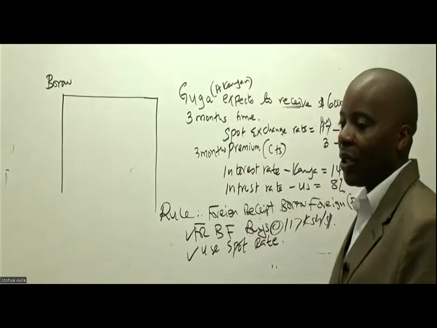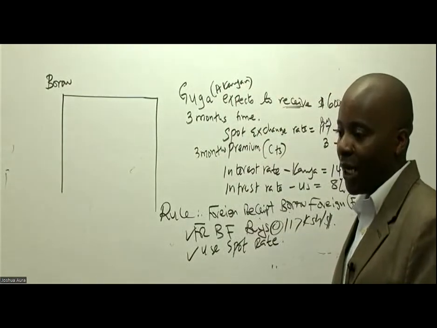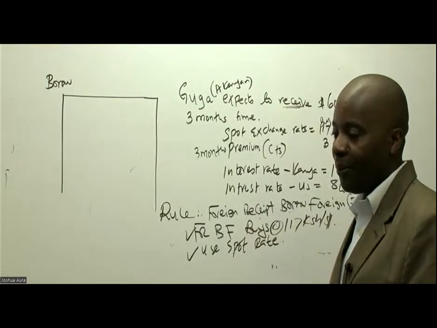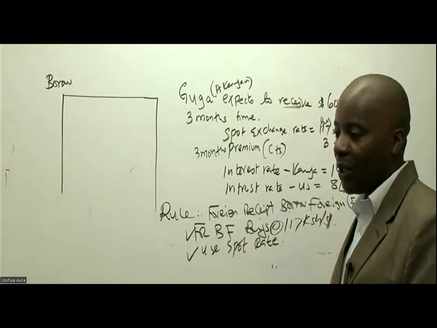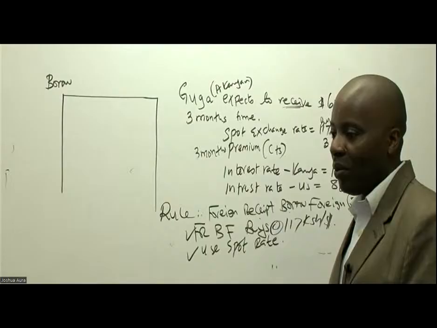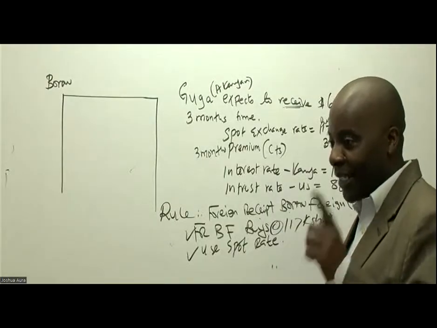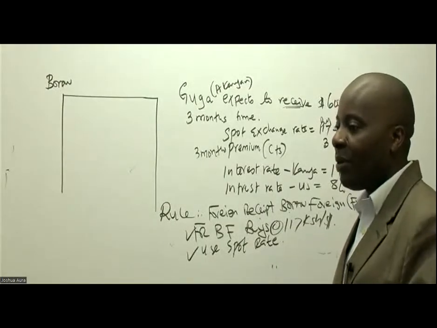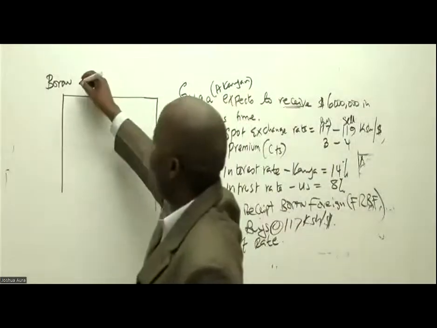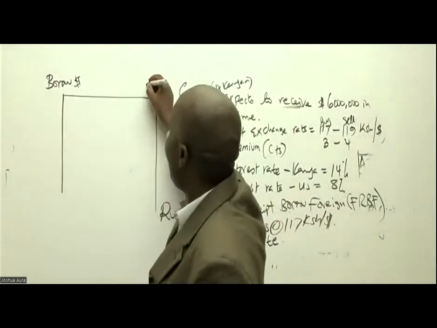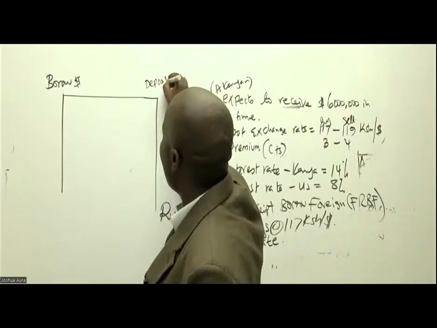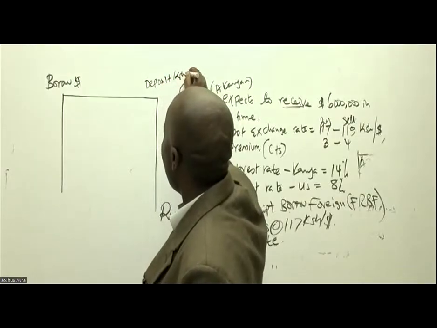So this gentleman is going to borrow which currency? The dollar. Remember, he's a Kenyan, so what is foreign to him is the dollar. So borrow the dollar, and then he'll come here and deposit or invest the other currency, the Kenya shilling.